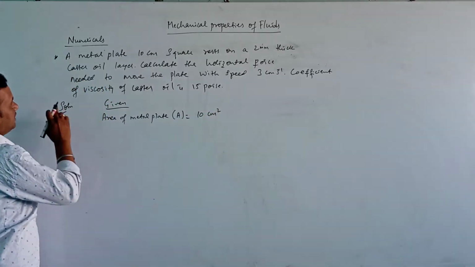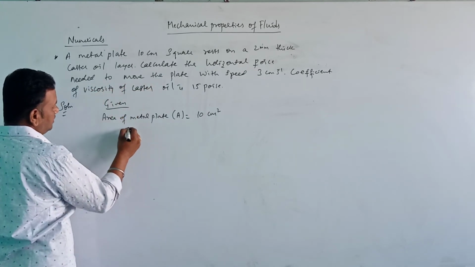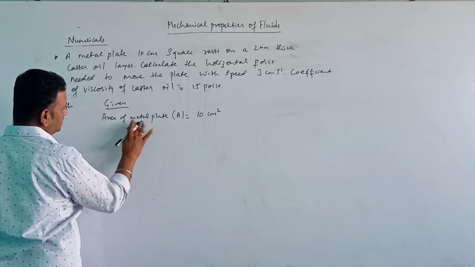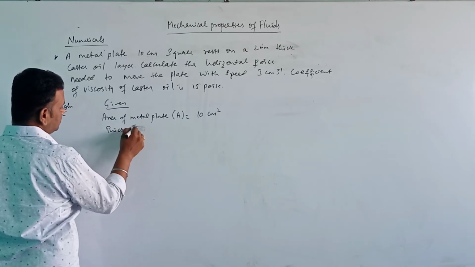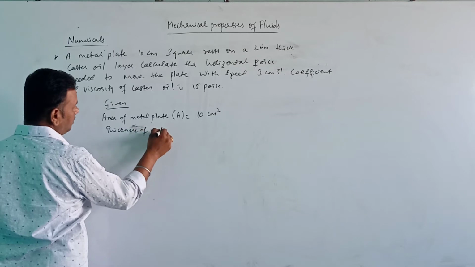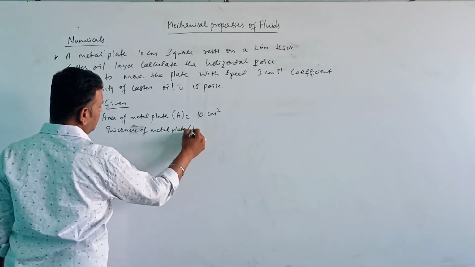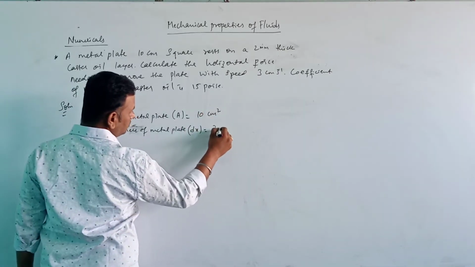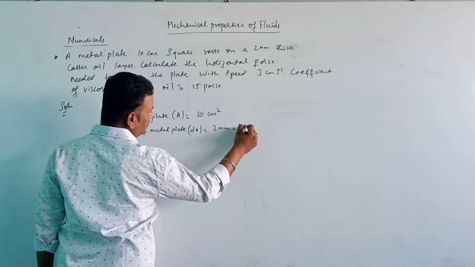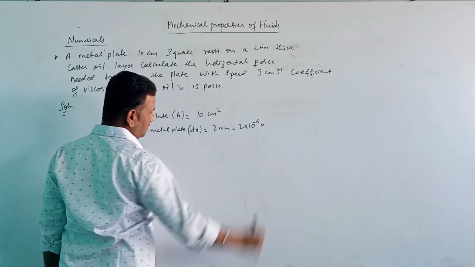Okay, now next is given that thickness, that is dx, the thickness of the oil layer, that is dx is equal to 2 millimeter, that is 2 into 10 to the power of minus 3 meter.